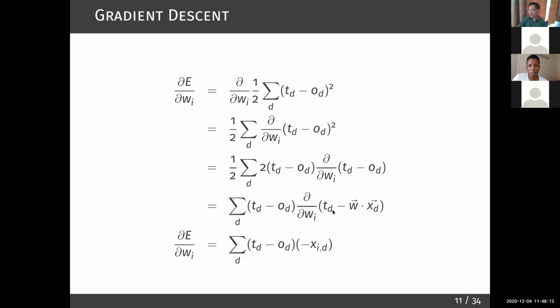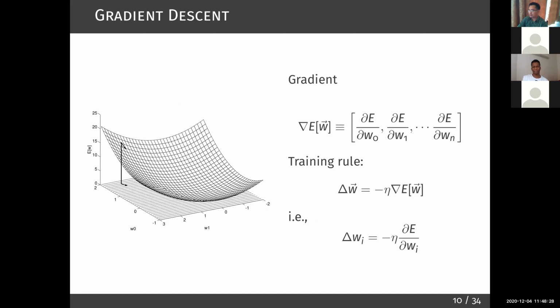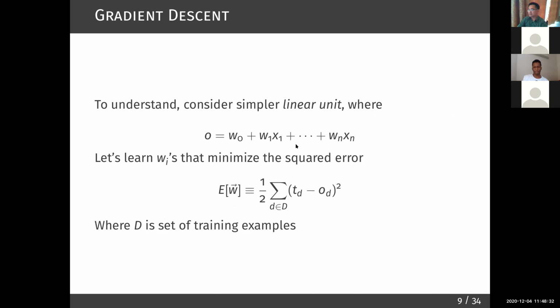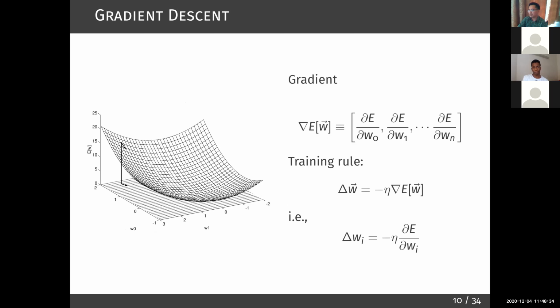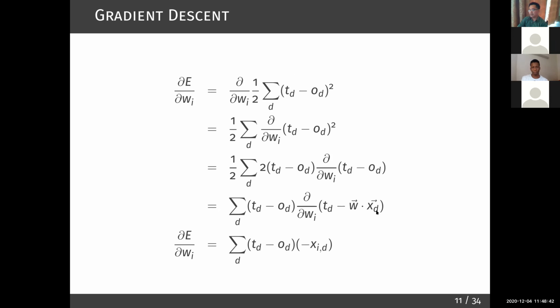Now we distribute. We know that the target value is constant, given by the data. The output, from the equation here, is W times X of the data, the given information. So here we just substitute: output is equal to W times X of the data.